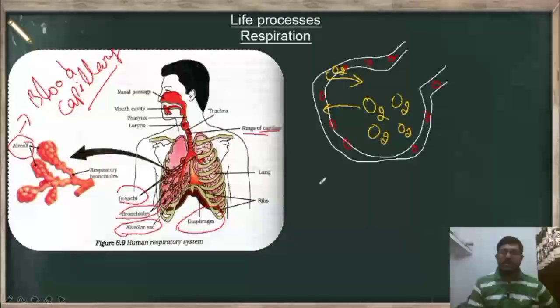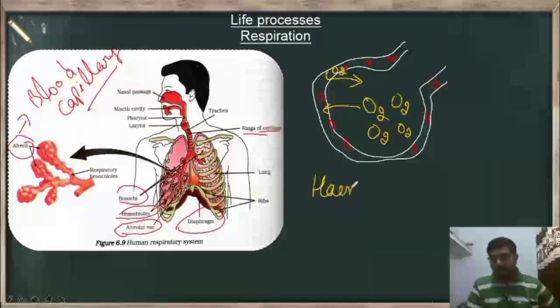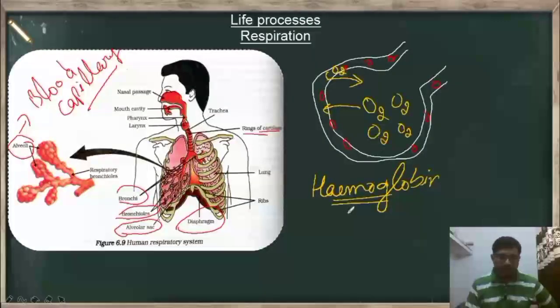Yes, we have a respiratory pigment called hemoglobin. This hemoglobin has high affinity towards oxygen. Since it has high affinity towards oxygen, this hemoglobin absorbs oxygen. Clear? And this hemoglobin carries the oxygen throughout our body with the help of the bloodstream.